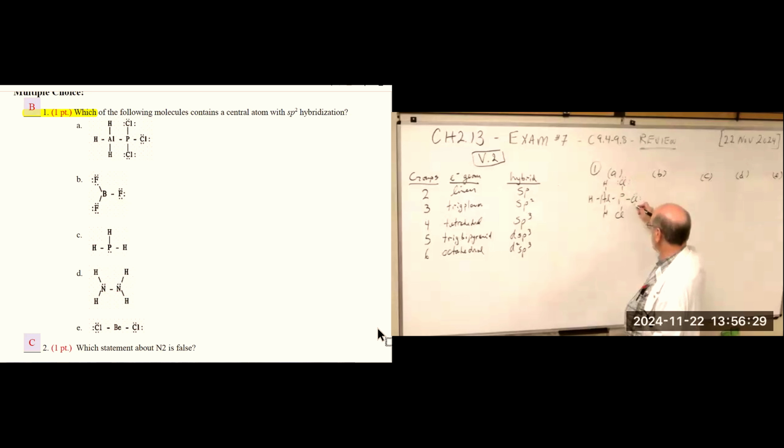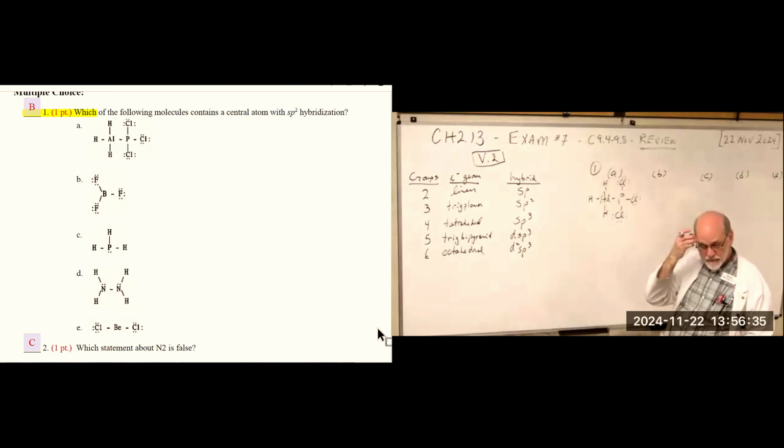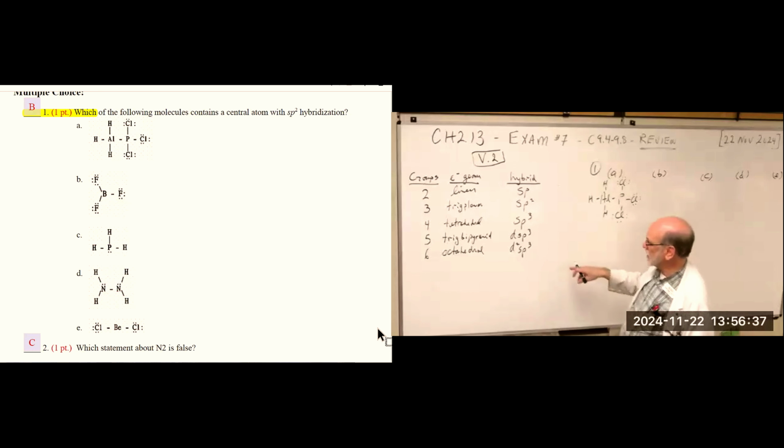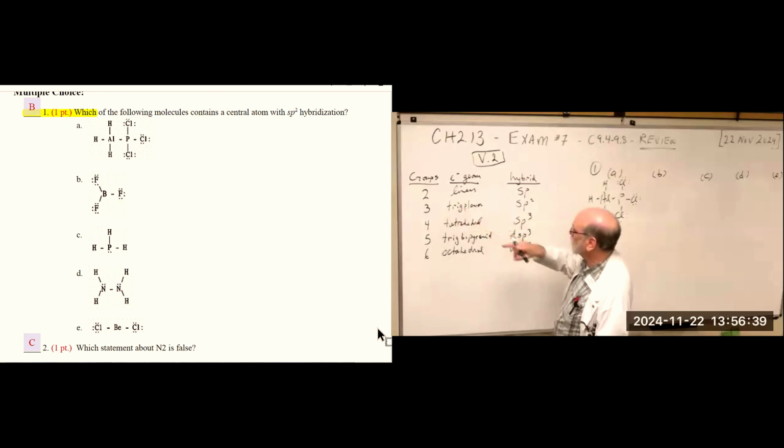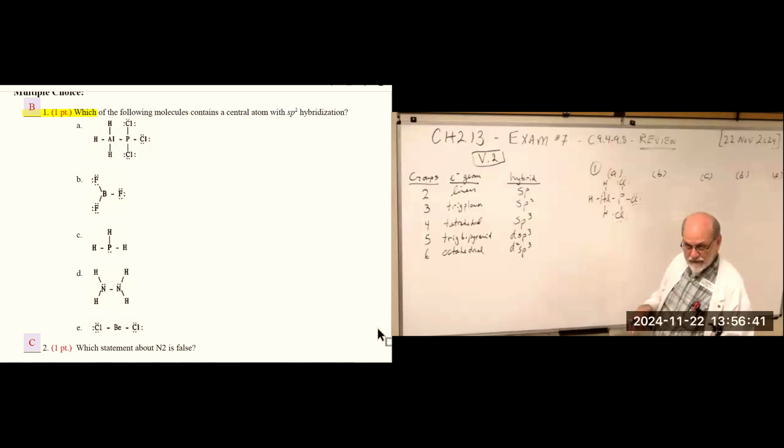Every chlorine has an octet. Everybody's got an octet. Hydrogen has a duet. Okay, sp2 hybridization says 3 groups around the central atom. The central atom would be this one or that one. They've got 4 groups around each one. That's sp3. So that's not the right one.